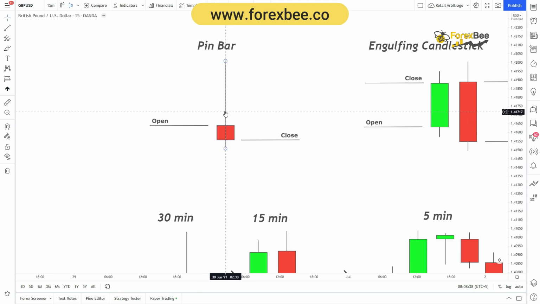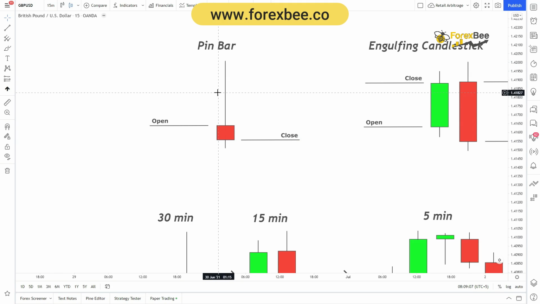So it started going upward, and when it reached here, the bears took control and it started going bearish, which is basically the price getting rejected. The bears took it from here and dropped it all the way to here, and in the end it closed at this level. So this is showing us a strong price rejection.